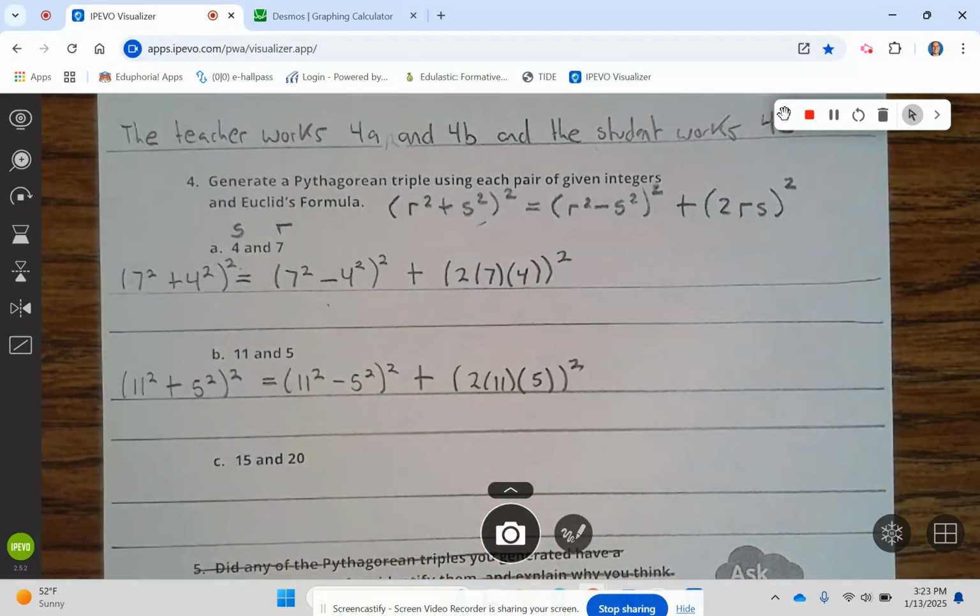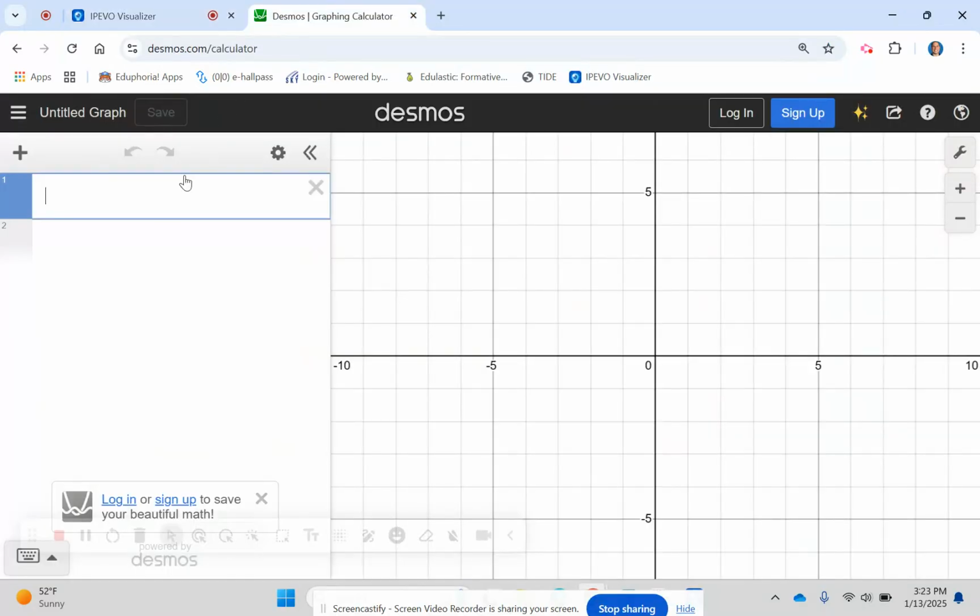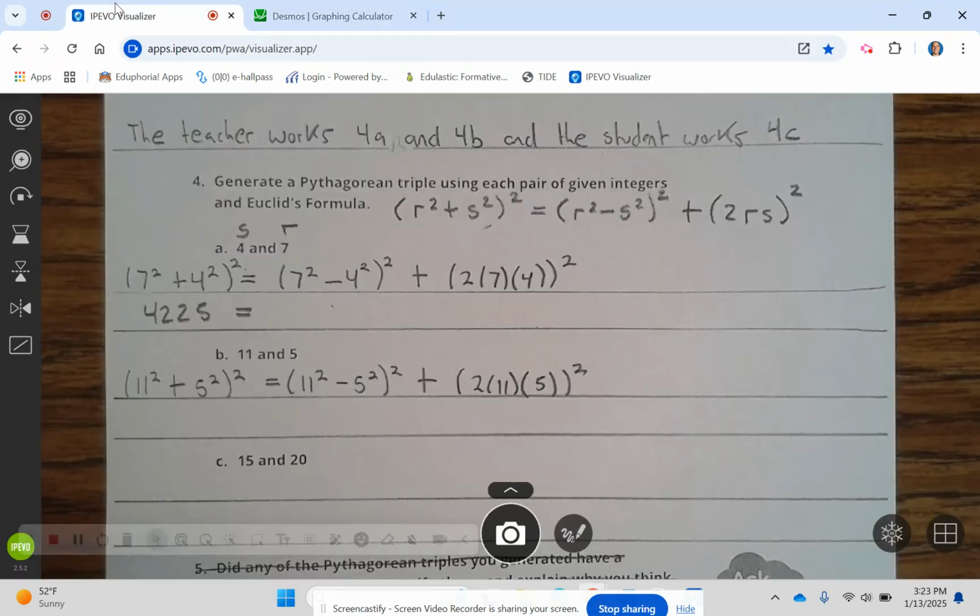And now let's go ahead and calculate those numbers. So first off, we have 7 squared plus 4 squared, squared is 4,225. Equals, now we need to do 7 squared minus 4 squared, squared.